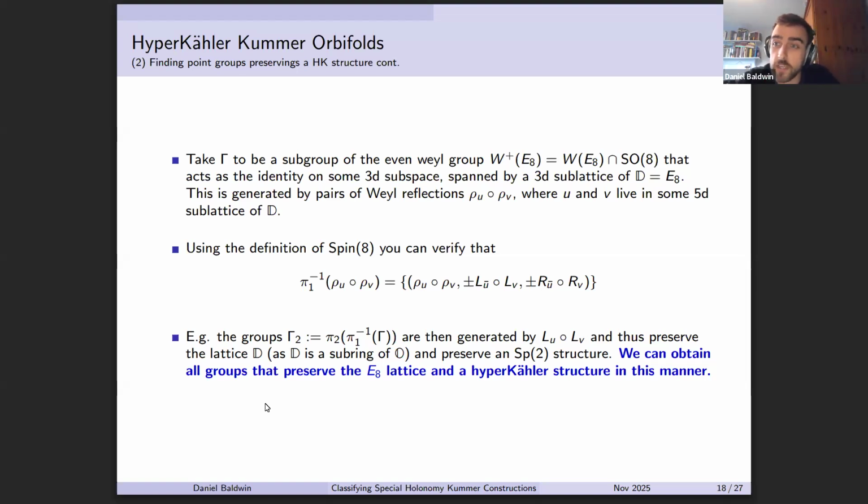And it also preserves the E8 lattice, viewed as this subring D, precisely because the E8 lattice is closed under multiplication. So it's a discrete subring of the octonions, closed under left multiplication by its own elements. So yeah, the upshot is we can obtain all the groups that preserve an E8 lattice and a hyperKähler structure in 8 dimensions through this process.